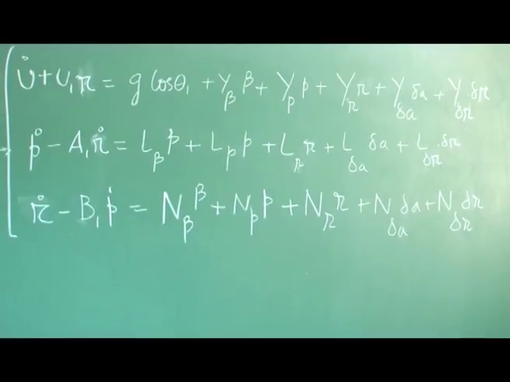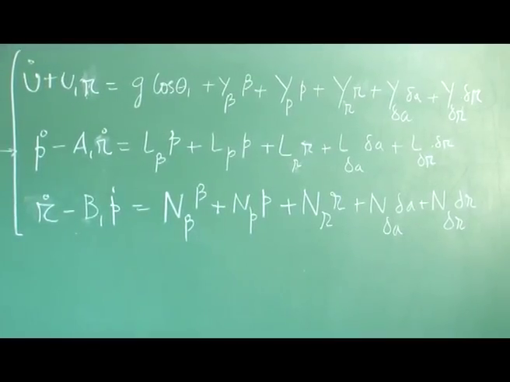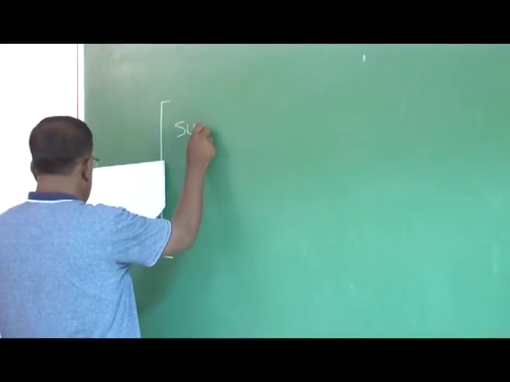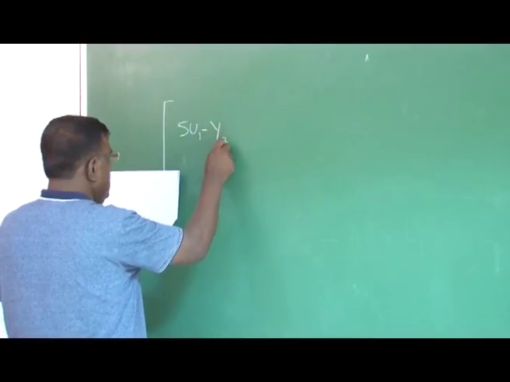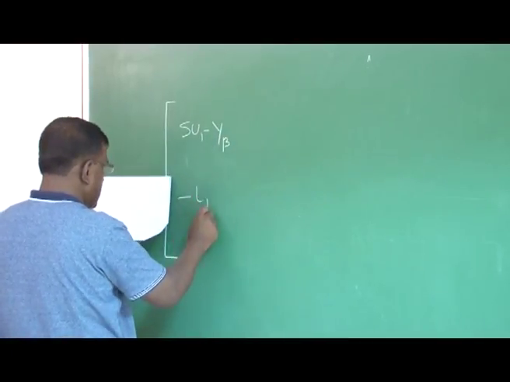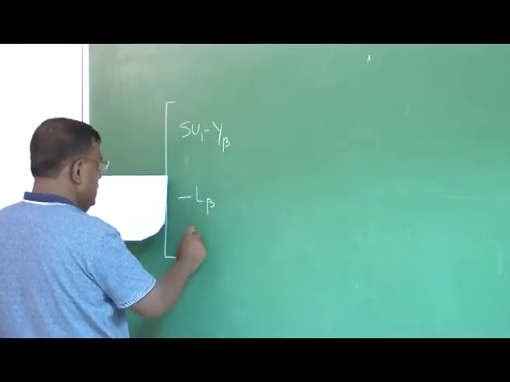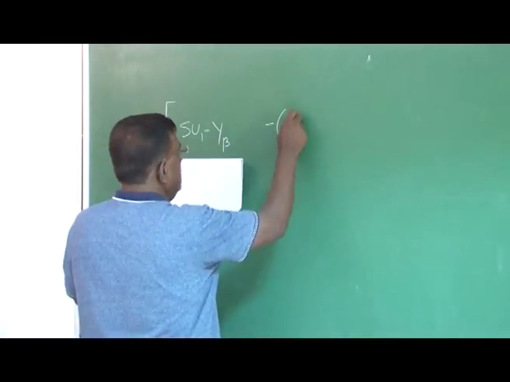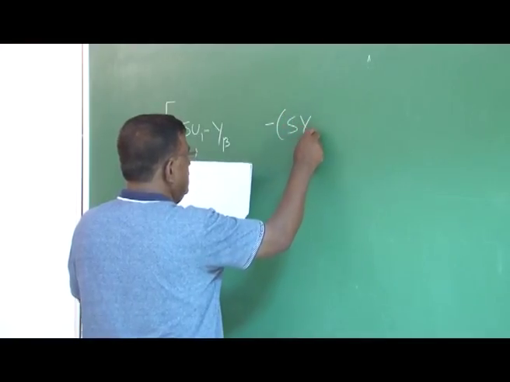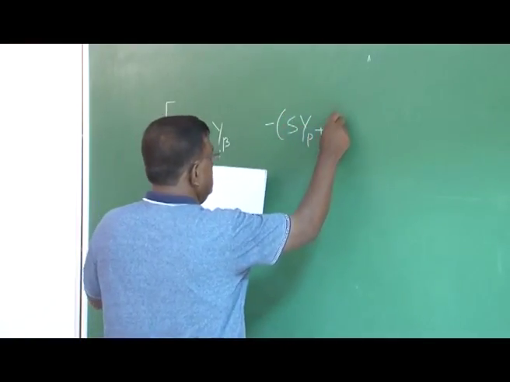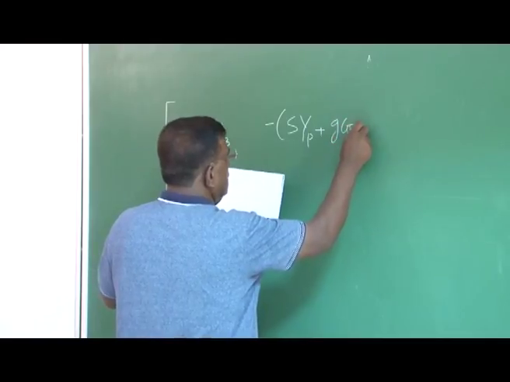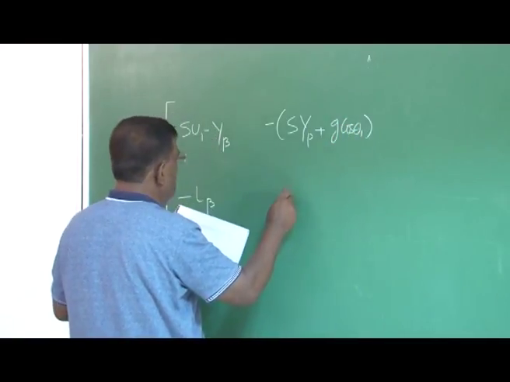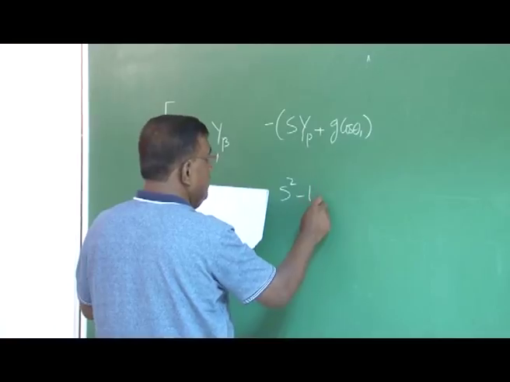The equation will look like, let me write that, S U1 minus Y beta, minus L beta, minus N beta. Here it will be minus S Y P plus g cos theta 1, S square minus LP S.